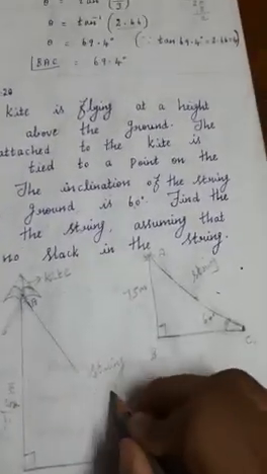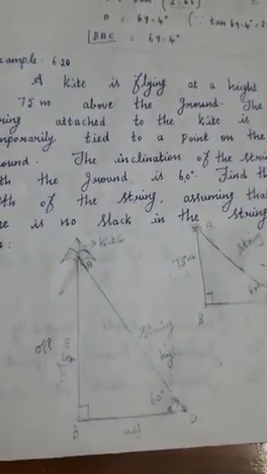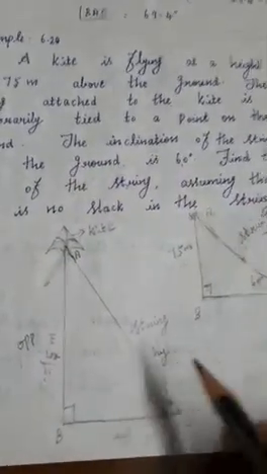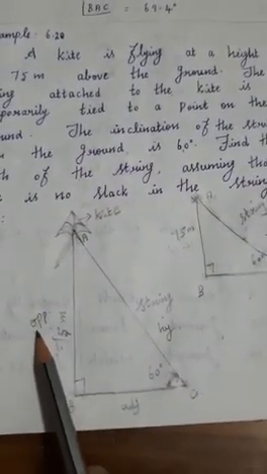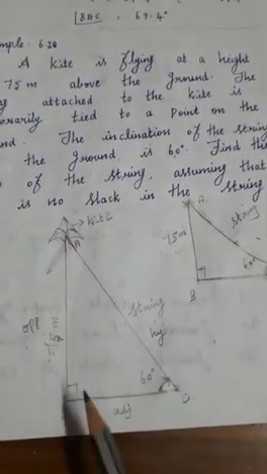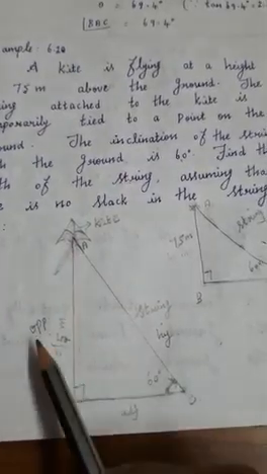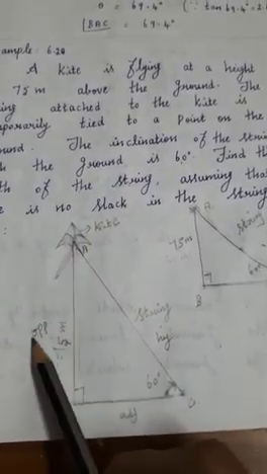Which ratio can we use to find the length of the string? Opposite side you know, that is 75 meter. AB means the height above the ground, so AB is 75 meter, the opposite side.